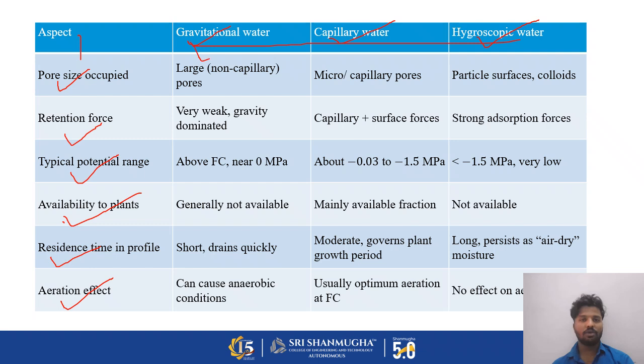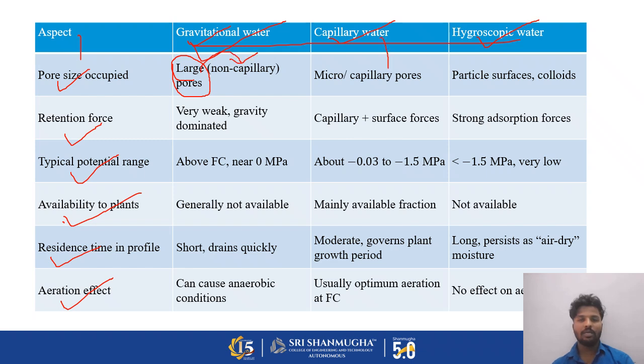The first is the gravitational water, which is present in the large pore size. In the large pores, this gravitational water is available. These large pores are called non-capillary pores.